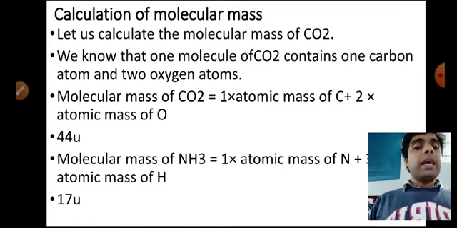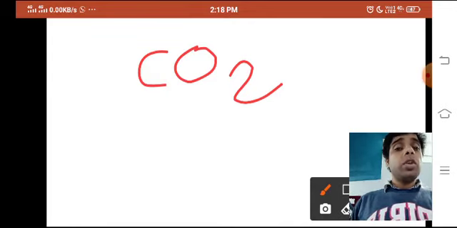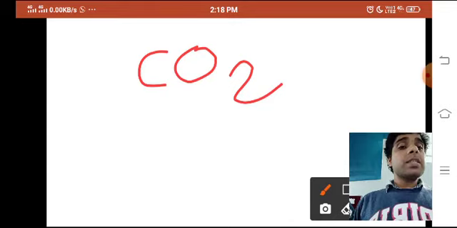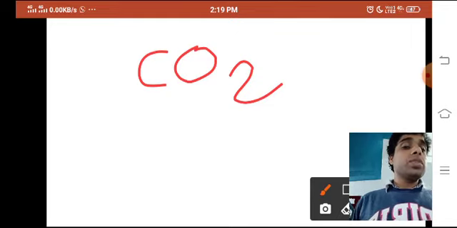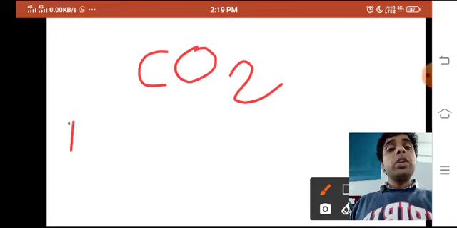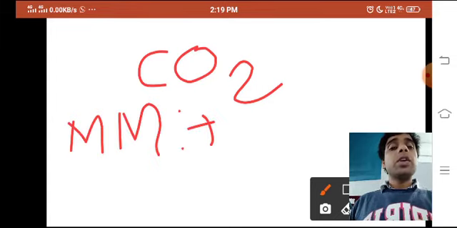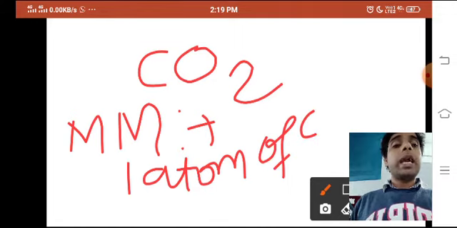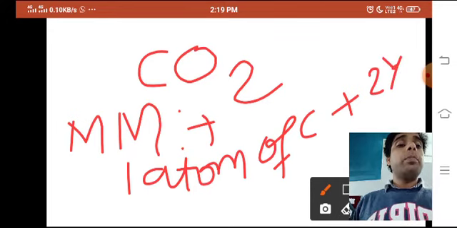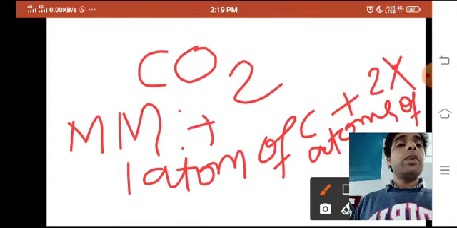Molecular mass is the sum of the atomic masses of all the atoms, and if a subscript is present, then multiply that subscript with the atomic mass of the individual atom. Here is how I calculate the molecular mass, MM: one atom of carbon plus two atoms of oxygen, so multiply by two for oxygen.